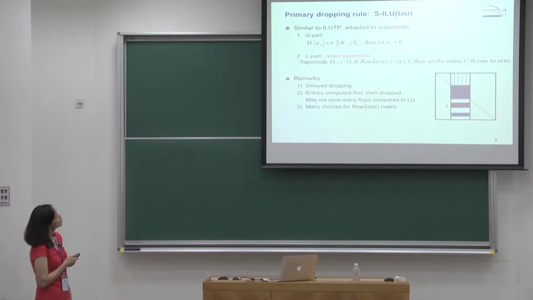So for this supernode from S to T columns, if the row size of this ith row is smaller than the threshold, and we'll talk about what the row size is, then we set the entire row to be 0. Okay, so the thing here is actually we do delayed dropping. So we do the computation first before we drop.